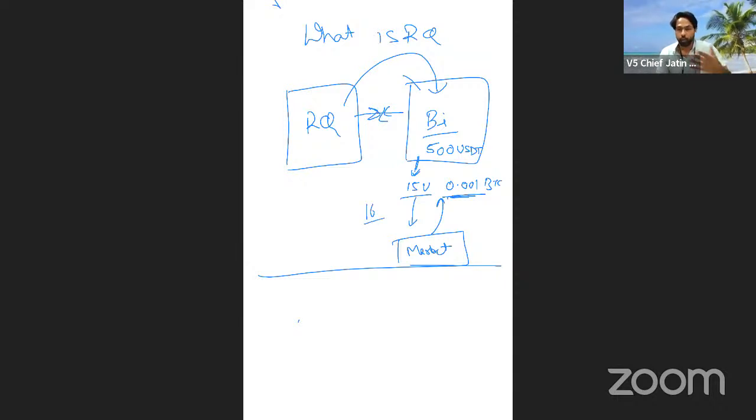So it will go to the market again and sell this 0.001 BTC, and it will get back 16 USDT. So it has generated 1 USDT as a profit for you.